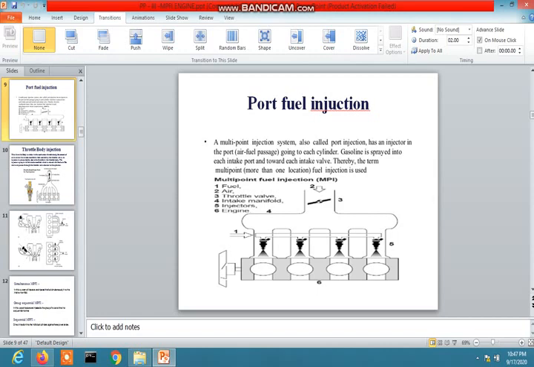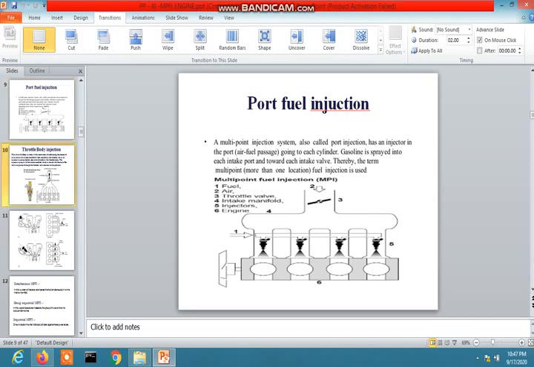When the throttle is open, the air is, as per the control of the throttle, actually the throttle controls the air mass, the air volume, and this is the injector. Those are the injectors which are placed at the port.